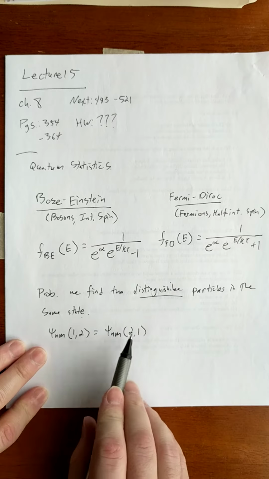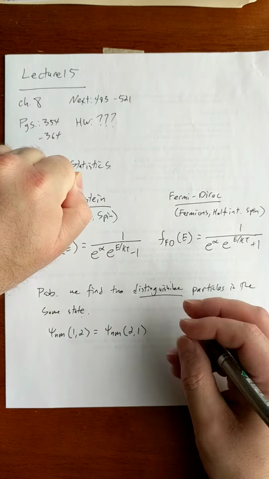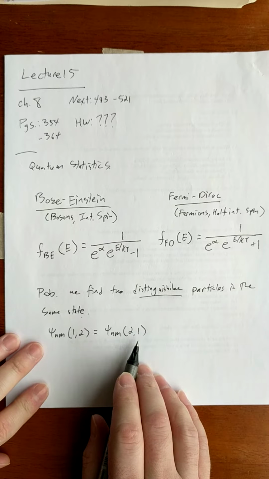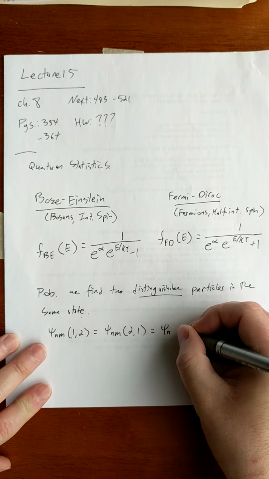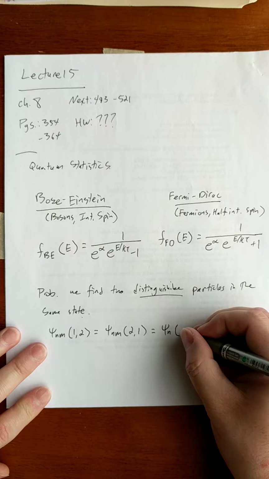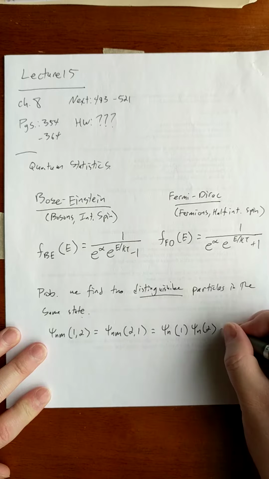If we switch the two particles, suppose we have one over here and we switch them, this wave function changes. Now we'll take the case of them both being in the same quantum state, possibly the ground state, possibly some other state.